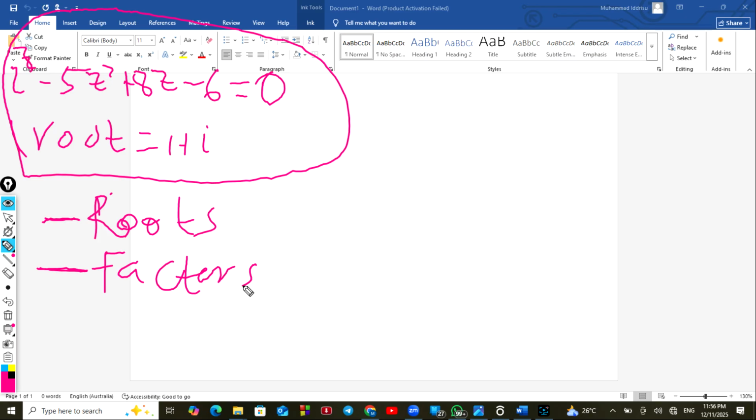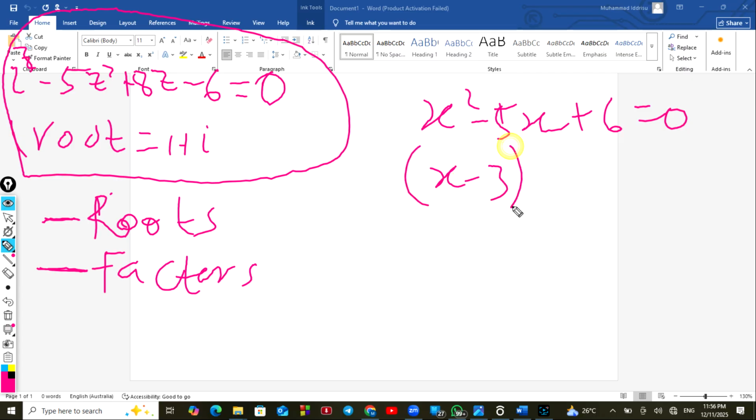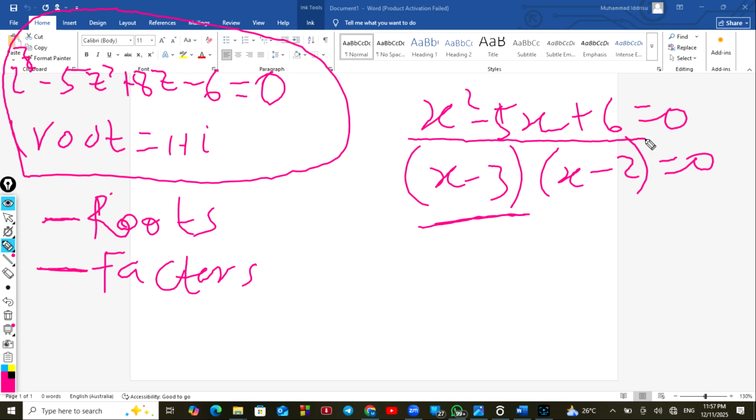Given this, x squared minus 5x plus, let's say 6, is equal to 0, we can factor this to x minus 3, x minus 2. If we factor it to this, x minus 3 is a factor of this quadratic function, x squared minus 5x plus 6.